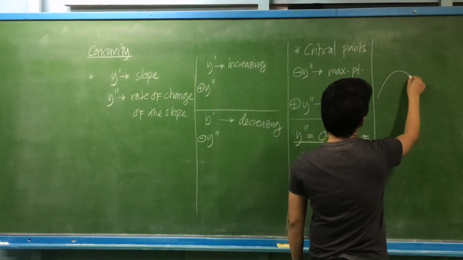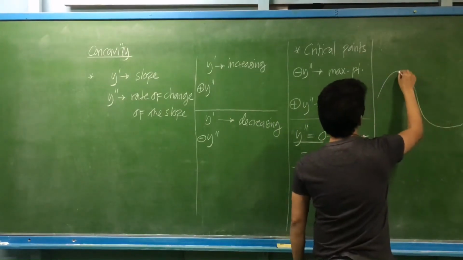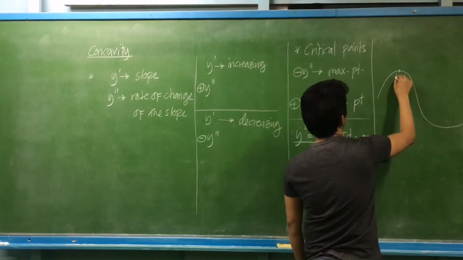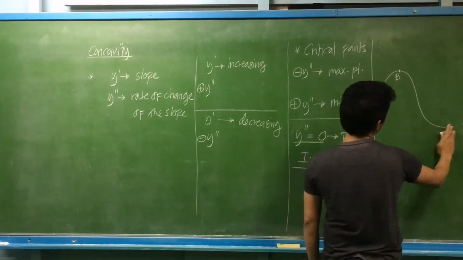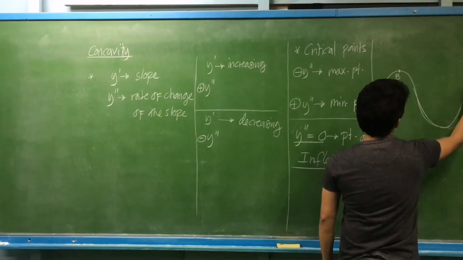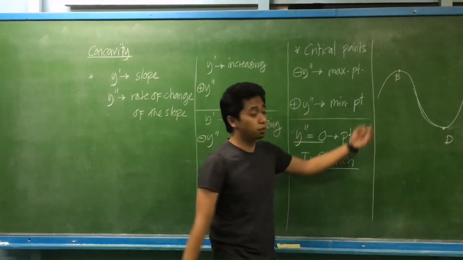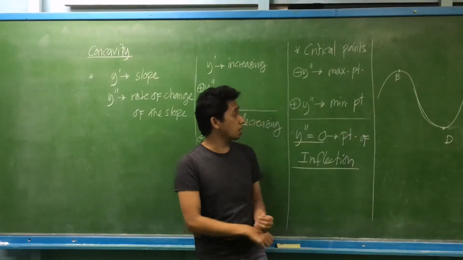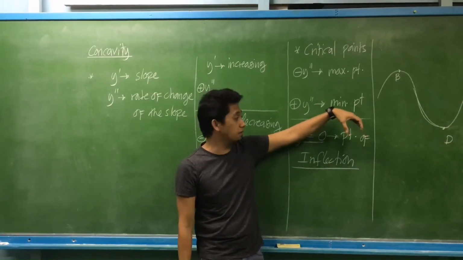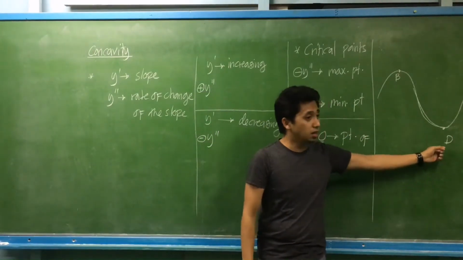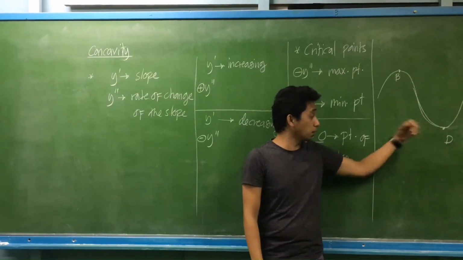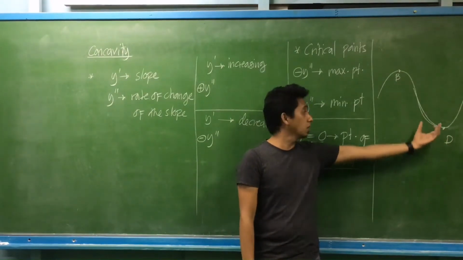So for example, we have this curve. Okay, so let's say this is again point B as the maximum point. Let's say point D as the minimum point. As you can see, at point B, that is a curve that opens downward or concave downward. We have point D, that is at the minimum point wherein the curve opens upward.